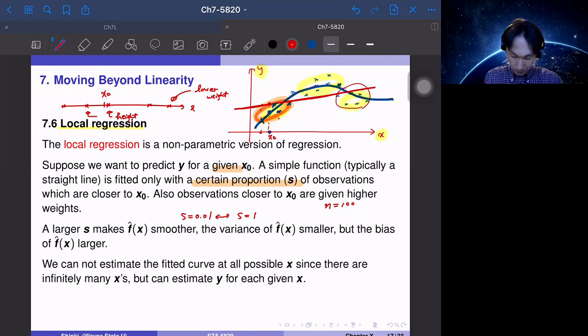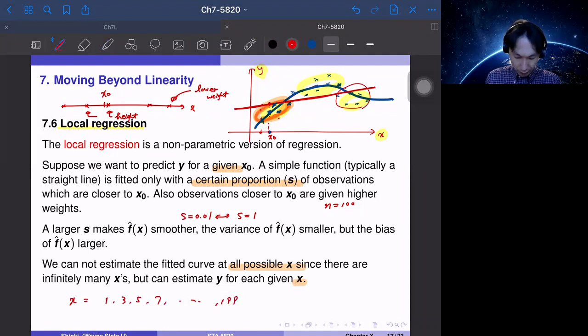And of course, we cannot estimate the fitted value for all possible x because we have infinitely many x on the x-axis. So typically we estimate the f hat of x for each observation x. Suppose we have 100 observations, and x is equal to maybe 1, 3, 5, 7 up to 199.